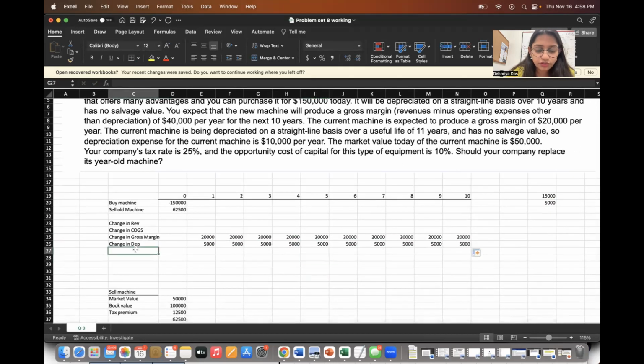And then what you do, you're gonna find the change in EBIT, right? Because you're gonna subtract depreciation. So if you do that, it's gross margin minus depreciation.